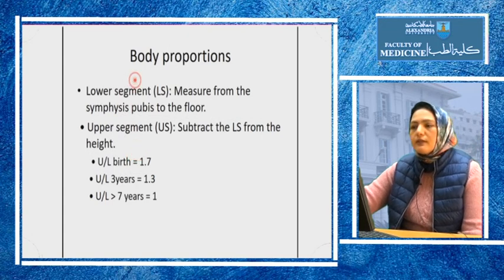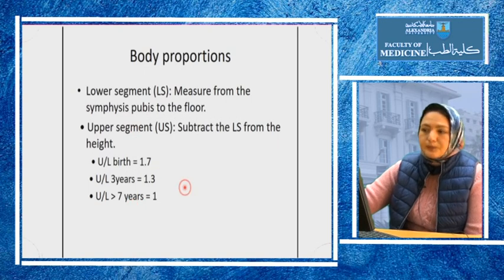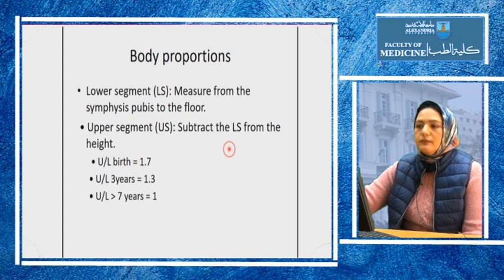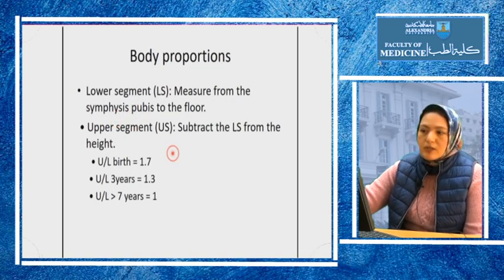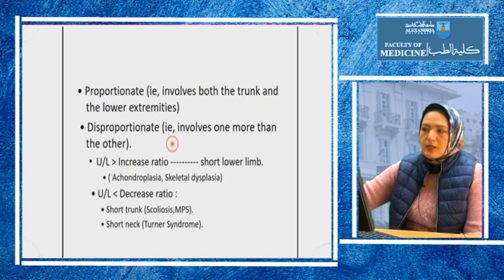Usually the ratio between the upper segment and the lower segment is equal, 1:1, and the ratio between the height and the span is equal, 1:1. So the patient having the ratio between upper and lower segment and height and span 1:1 is called proportionate. Otherwise, he is called as having disproportionate short stature.